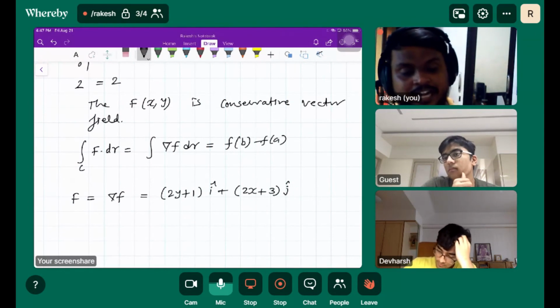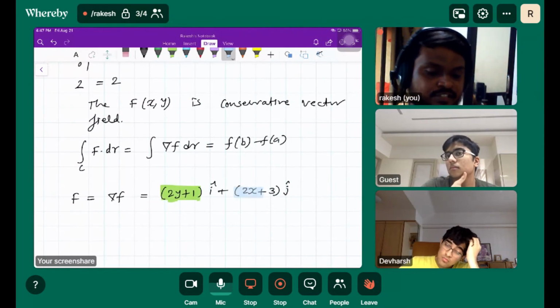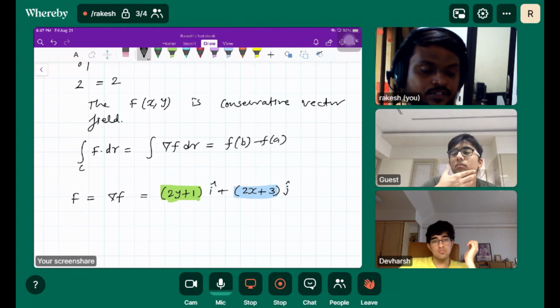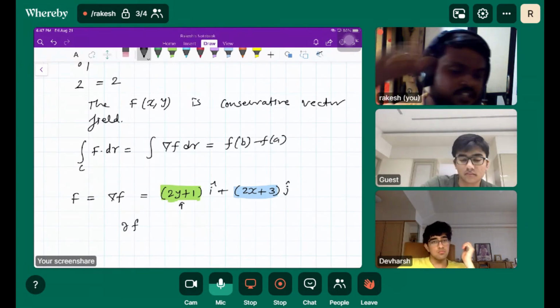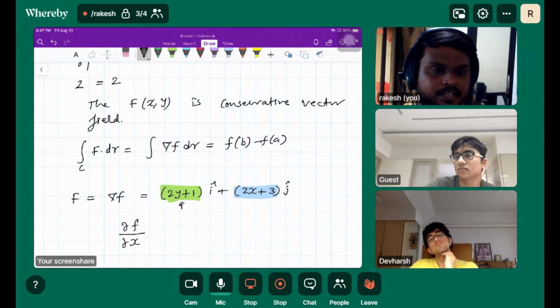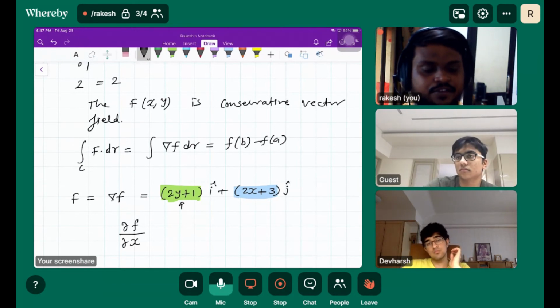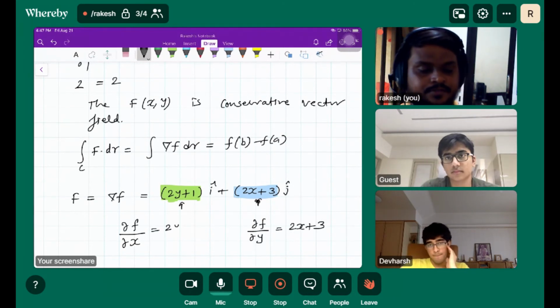What's the idea to find the gradient of the function? This has to be the partial derivative of that function with respect to x, and this is the partial derivative of f with respect to y, isn't it?